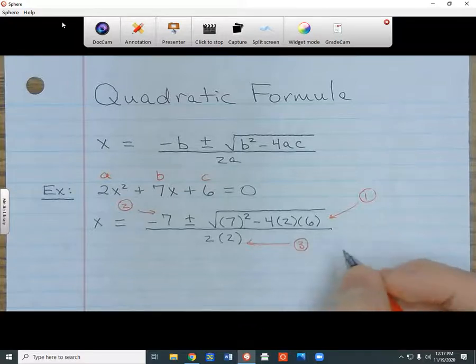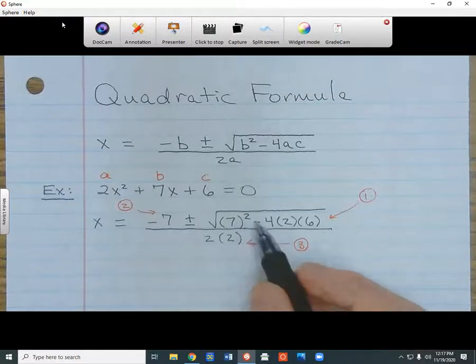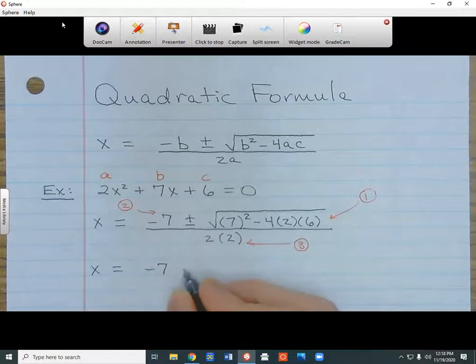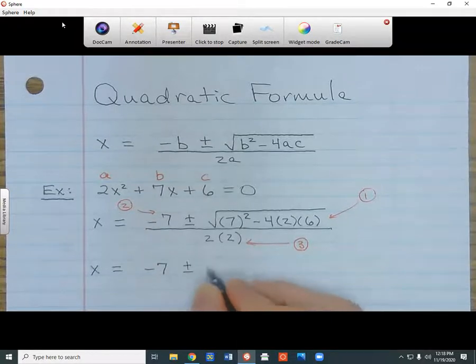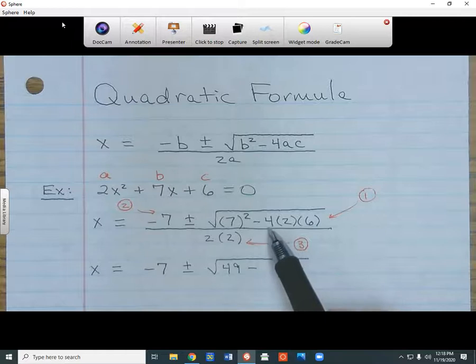So, what's going to be inside the square root? Well, I have 7 squared. I know that that's going to be 49. So when I write this out, I keep the -7 the same, I keep the plus or minus the same, and inside the square root, I'm going to have 49 minus, and here, I know that 4 times 2 is 8, and then 8 times 6 is going to give me 48.